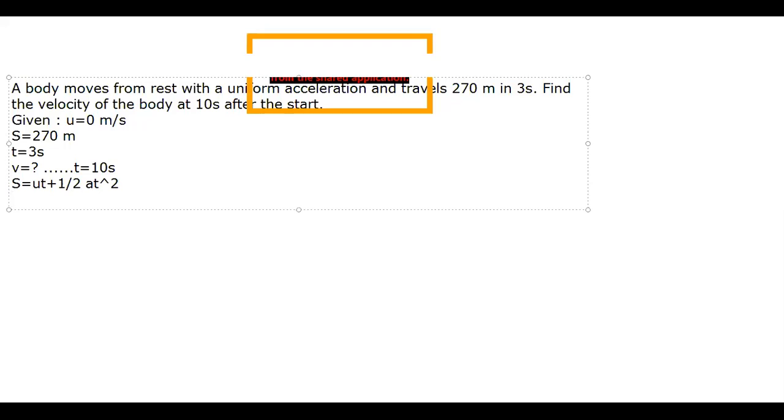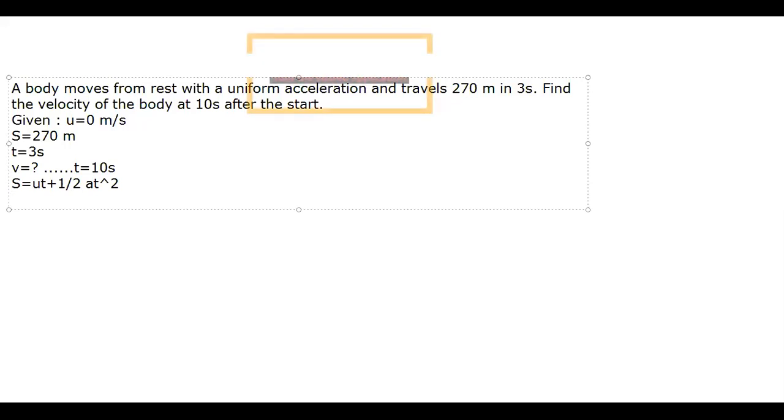v minus u upon t? No, beta, there are two factors not given. If you use v minus u upon t, a is not given and even v is not given. Two factors are not given, are you getting it?